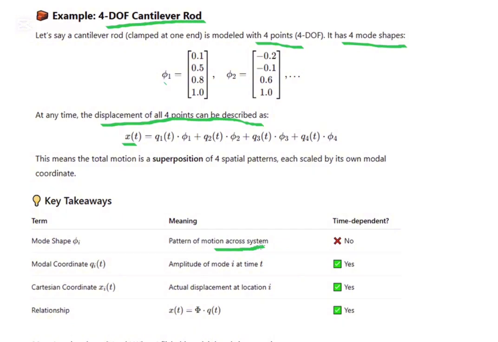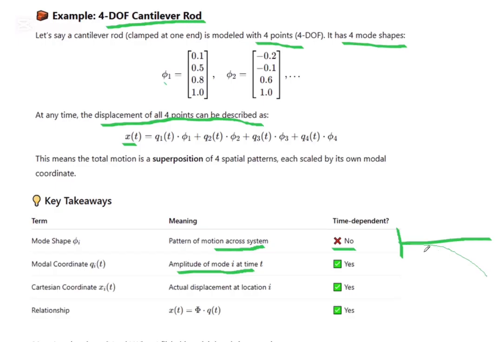It shows how each point moves relative to the others. It does not depend on time, but the modal coordinate is the amplitude of that mode at that particular point in time, so it depends on time. And the Cartesian coordinates also vary with respect to time, because when you are vibrating something, it will vibrate like this.